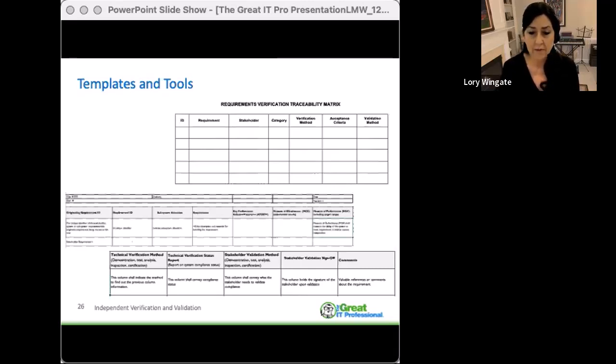And you may document additional information such as key performance indicators, measures of effectiveness, measures of performance. And each requirement needs to have documented its verification status, its validation method, and to have that actually signed off. If this document is carefully managed throughout the life cycle of the project, by the end of the project, sign-off should be simple and straightforward.